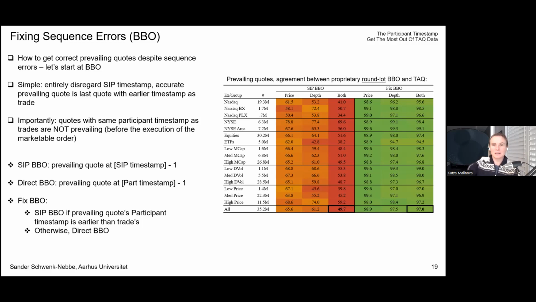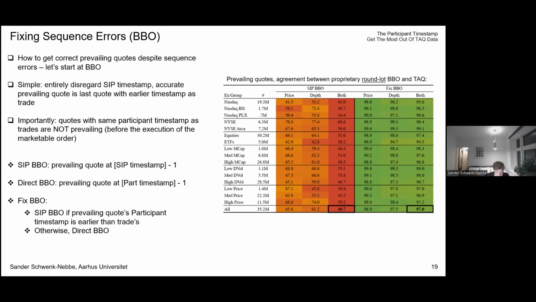your findings. Yeah. So very quickly here, the implications at the BBO. We don't usually use the prevailing BBO. We usually use the prevailing NBBO. But anyways, we can start at the BBO, and what we can do there is obtain the prevailing quote as the last quote that had an earlier SIP timestamp than a trade.